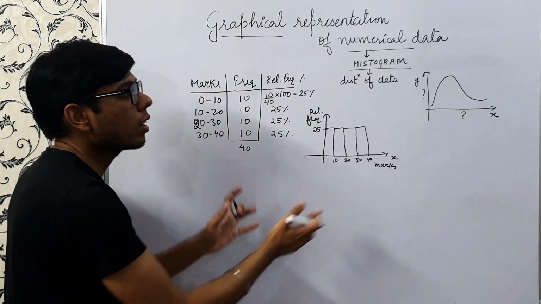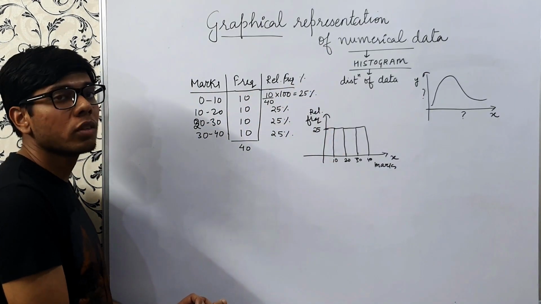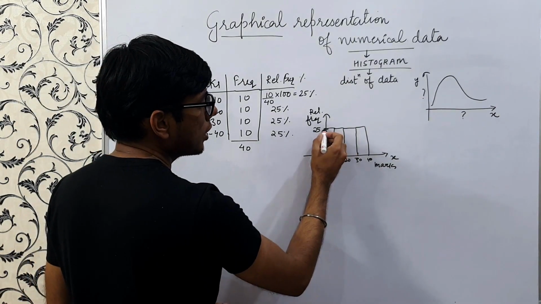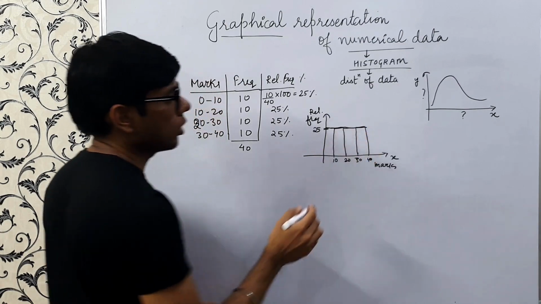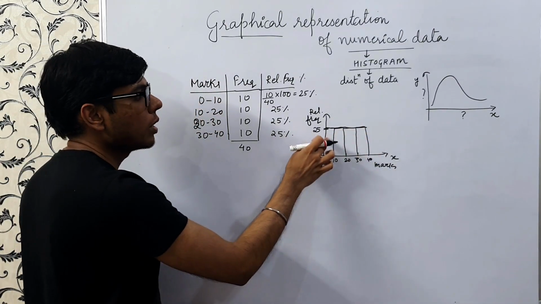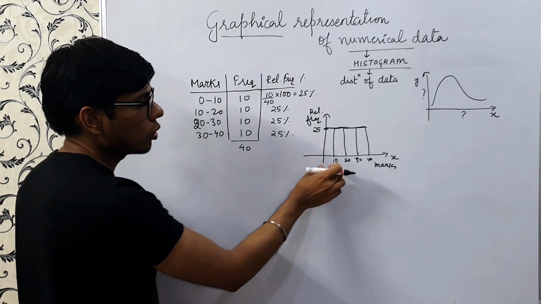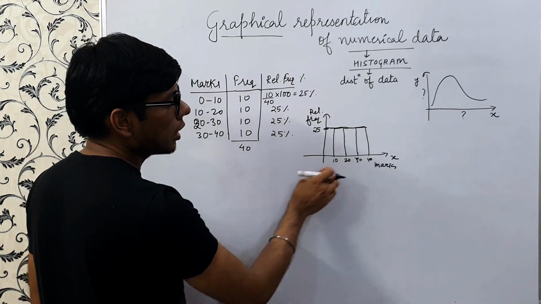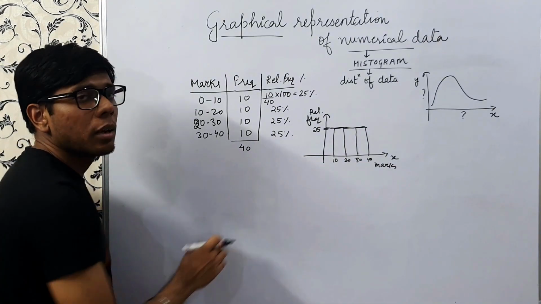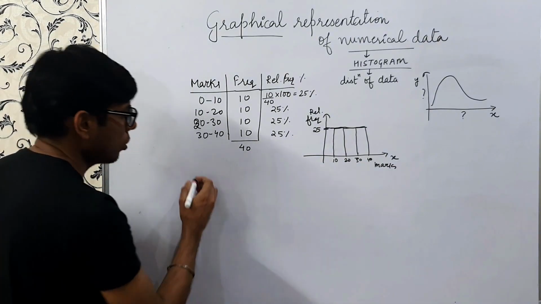These are all aspects of the distribution of the data, and they are very clear from this graph. This is a uniform distribution. Uniform distribution means in all bins we see a uniform pattern. The bars are all at the same height of 25%. If we see less than 30, there are 75% of the students. This is the very basic interpretation of a histogram.